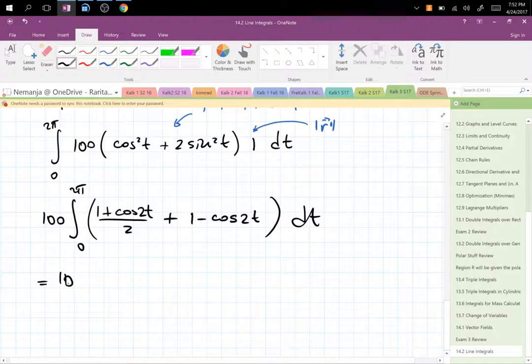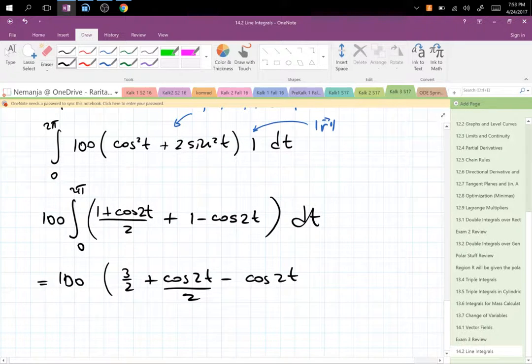which is further equal to 100. And now 1/2, so that's going to be 3/2 plus cosine 2t minus cosine 2t. Is this good? Oh no, this is cosine over 2.